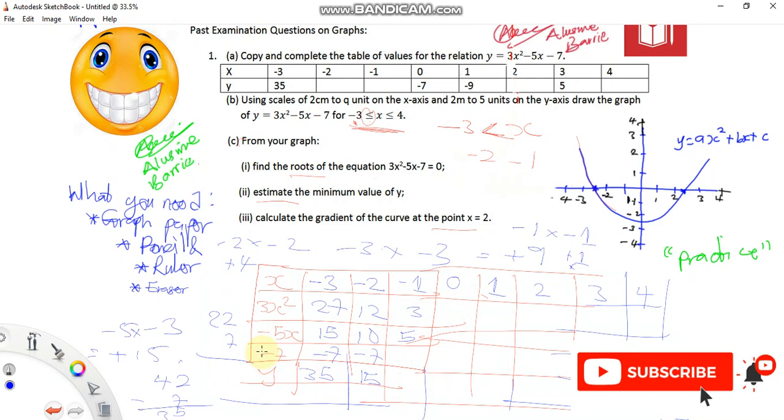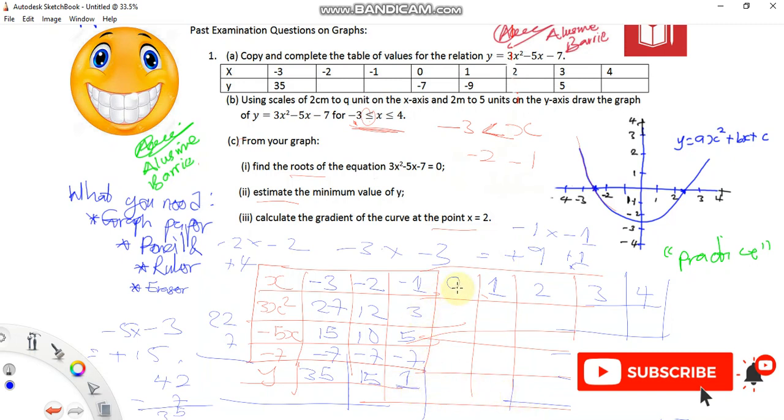And then because the -7 is constant, does not have any x value with it, we just put -7. So we have 3, we add the 5, it goes 8. 8 minus 7 gives us 1. So the third value on this table is 1.